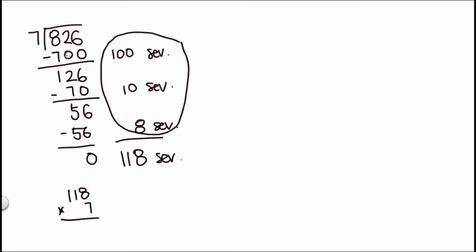And there are several different algorithms that you could start off with. The other one that our textbook went through is kind of going above and below. So instead of having it on the side, going above it. So I need 100 sevens to get 700, and I have 126 left after.